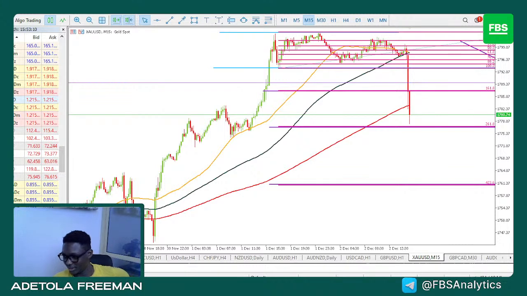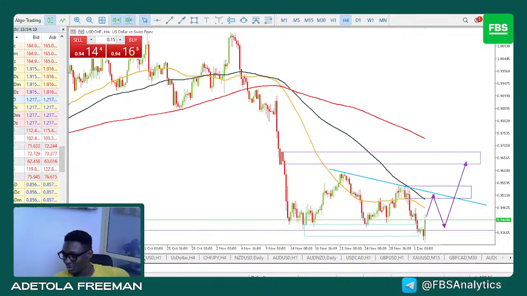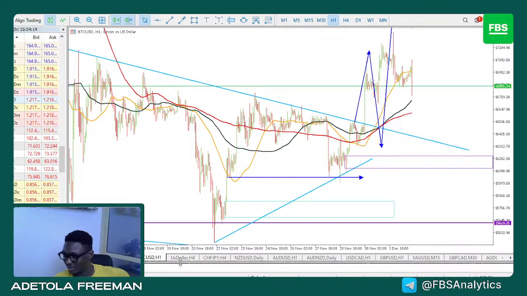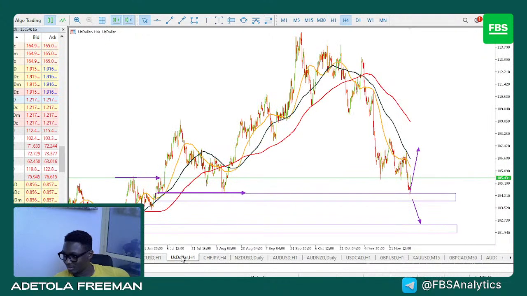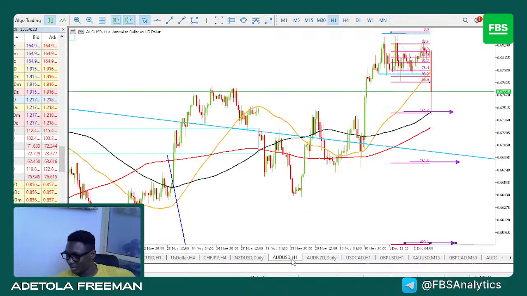Just bring it on and let's take a look at it quickly. Yeah, EURUSD TP1, TP2. USDCHF has not done anything major yet. The US dollar is still contemplating, but I'm pretty certain that it's going to move.